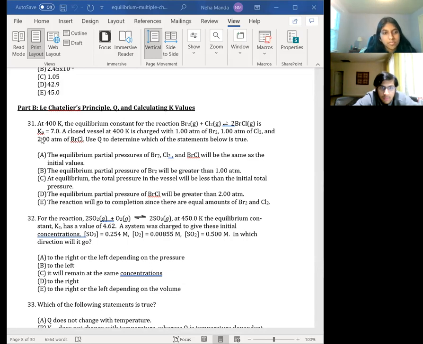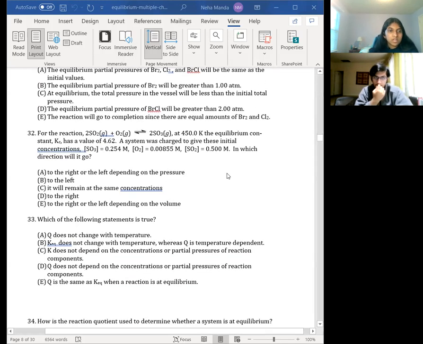So at equilibrium, the partial pressure of BrCl will be greater, right? I believe so. I think so, because you're going to shift to the right because Q is less than K. We need to make it bigger by increasing products. So it should be D. Let me see. Yep, it's D.